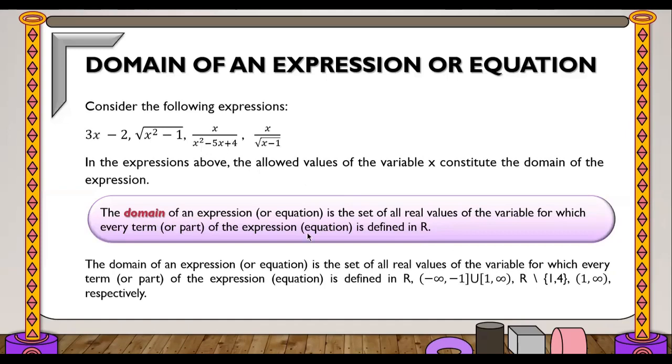At yung third expression natin, that is the set of real numbers such that the value of x must not equal 1 or 4. And the last, yung interval natin for last expression, that is 1 up to positive infinity.